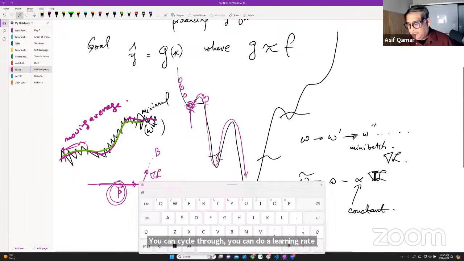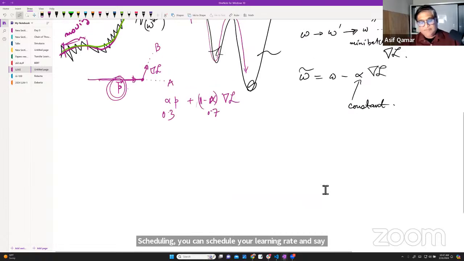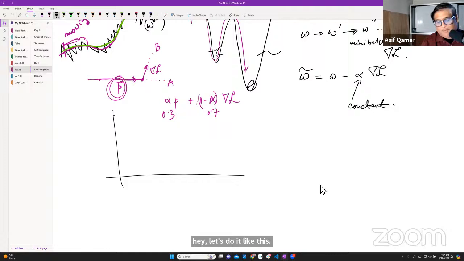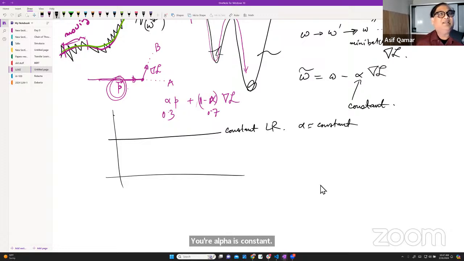You can schedule your learning rate and say, hey, let's do it like this. The simplest learning rate you can do is, of course, the fixed learning rate, the constant learning rate. Constant LR is easy. Your alpha is constant.